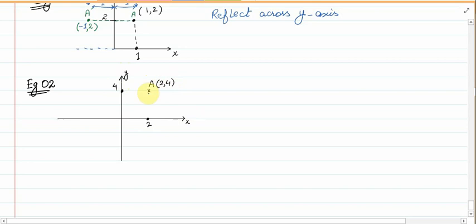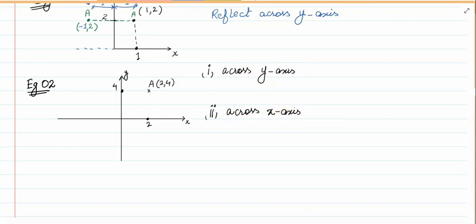I need to reflect the point A, the first part, across y-axis, the second part across x-axis.